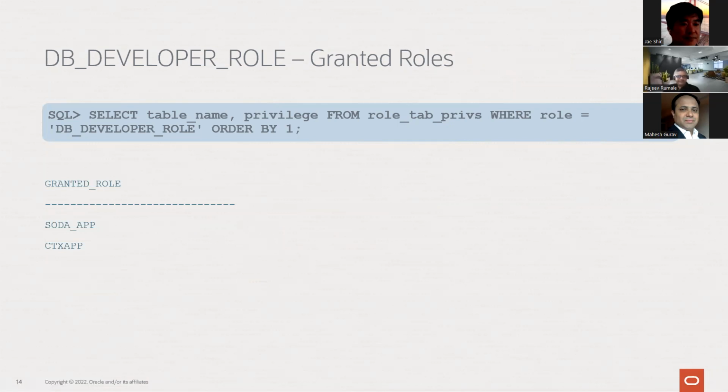So in addition, we also have grants like SODA_APP, which is required for documents. Like I said, we now support JSON documents, JSON duality views and all. So if you are creating an application which uses document data types or JSON documents and all, you may require this.